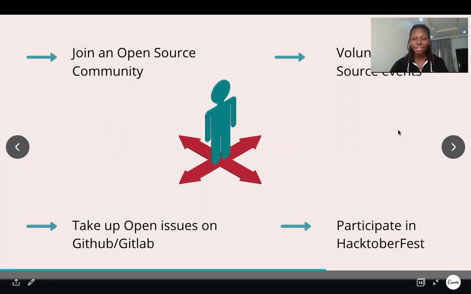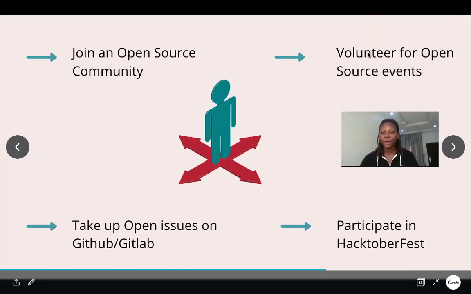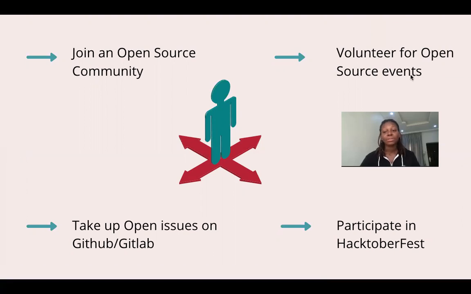Another way to get started is by volunteering at open source events, either as a moderator or an event planner or whatever the voluntary act you're doing is. It's also a way to get involved with open source. And also, you can take up issues on GitHub and on GitLab or whatever the platform is.